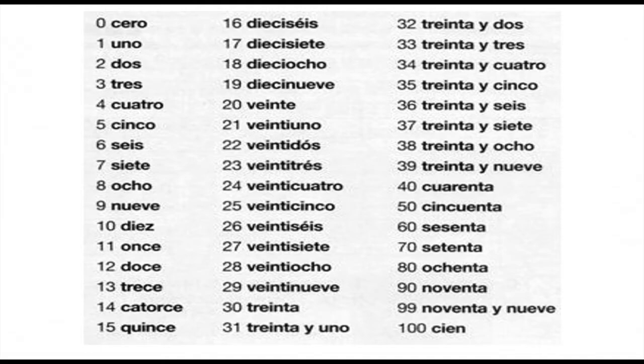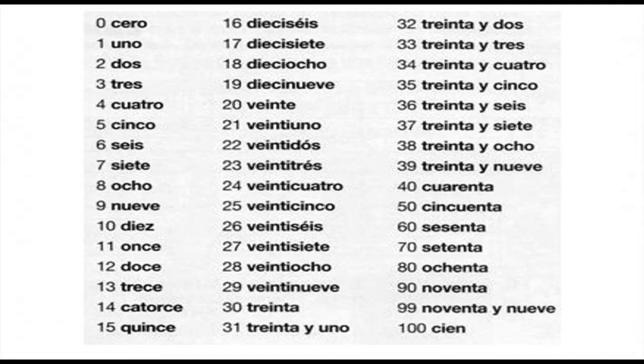For 112, for example, ciento doce. For 126, ciento veintiséis. You simply have to add the numbers together, remembering that 100 is cien. When you go past 100, then cien becomes ciento.